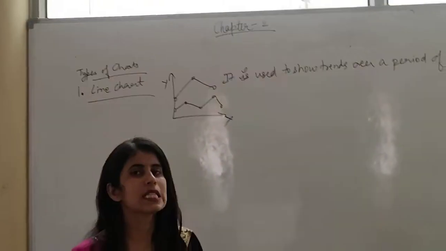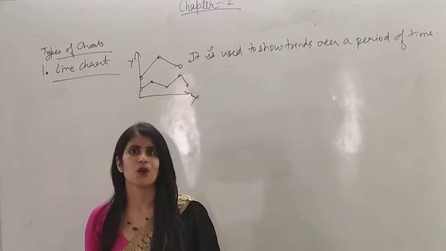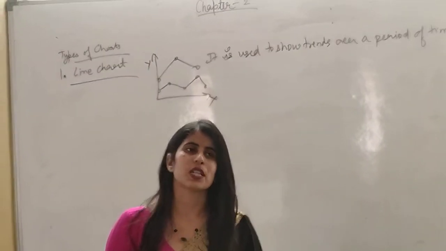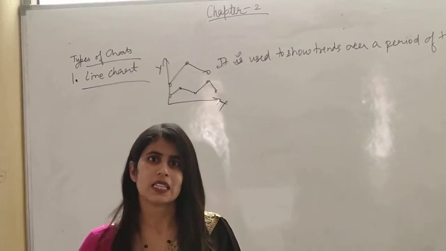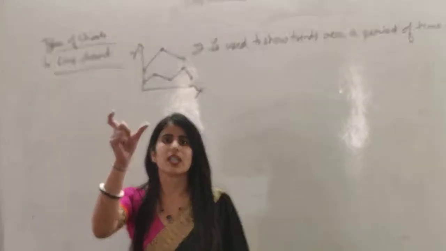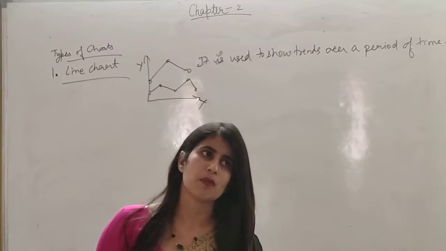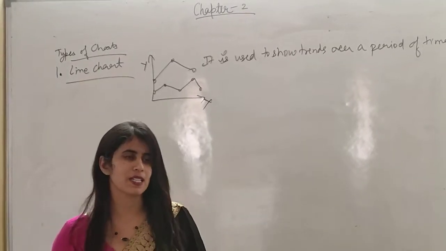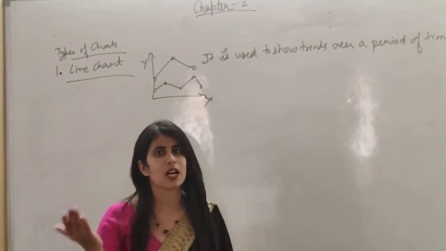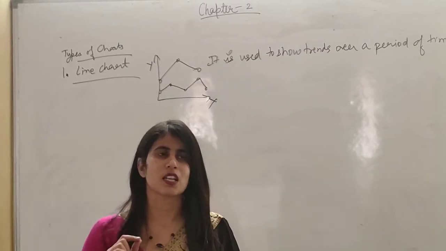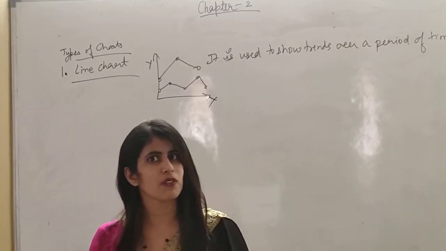The next one is our column chart. What is column chart? A column chart is a kind of chart that includes vertical bars to represent the data. It is also similar to the chart that is present in earlier classes. It is somehow different. How is it different?